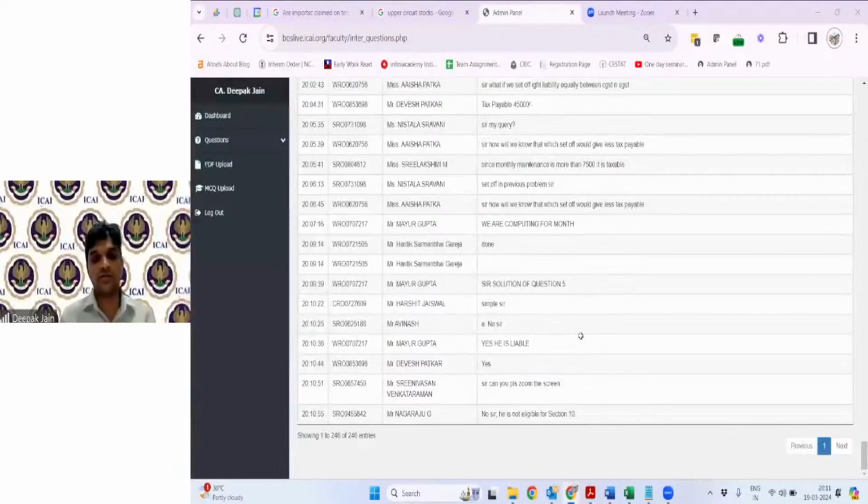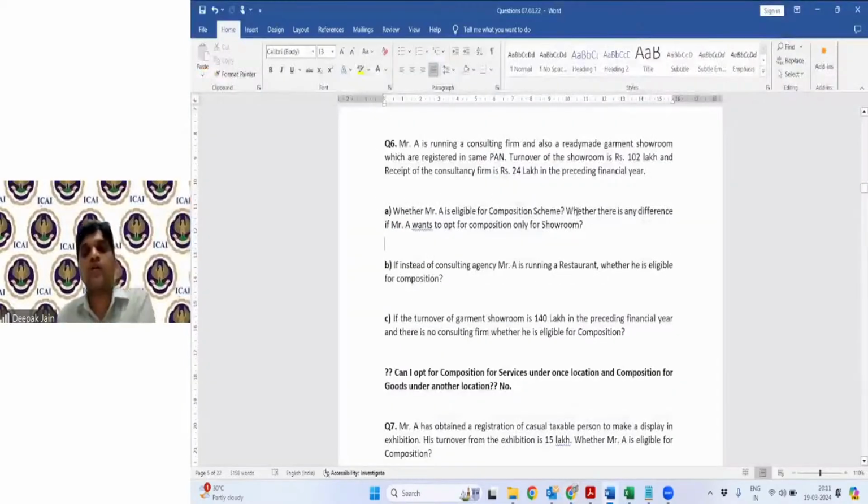No, he is not eligible for section 10. Correct. So he is not eligible. Now, if he wants to opt for composition only for showroom business, can he opt for it?